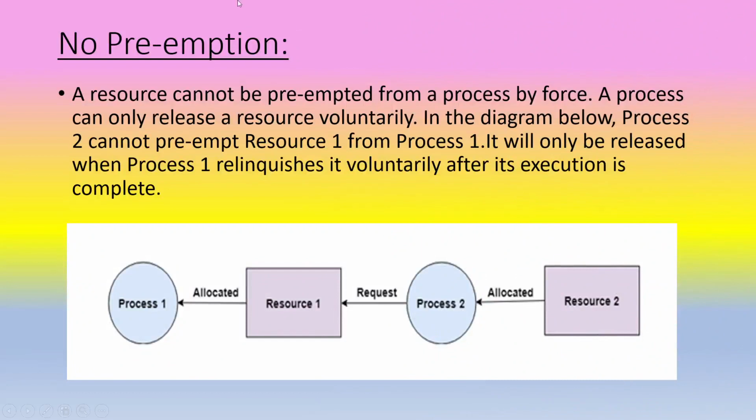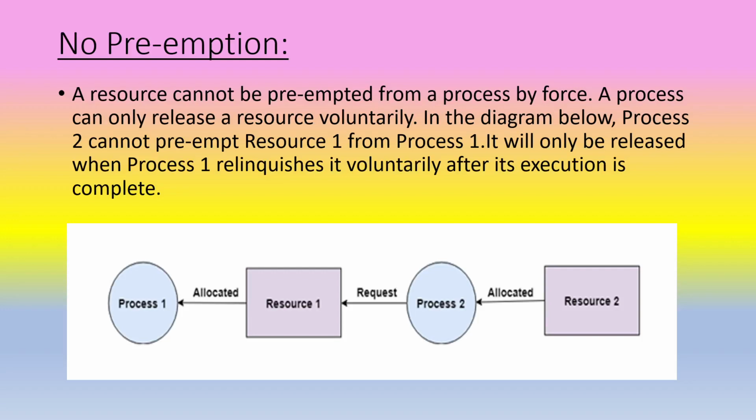no preemption. Already we know about preemptive CPU scheduling algorithms and non-preemptive CPU scheduling algorithms. Preemptive scheduling algorithm means during execution, CPU can preempt a process. That means CPU can stop execution of a process, but in the case of non-preemptive algorithms, the CPU cannot stop execution of the process.